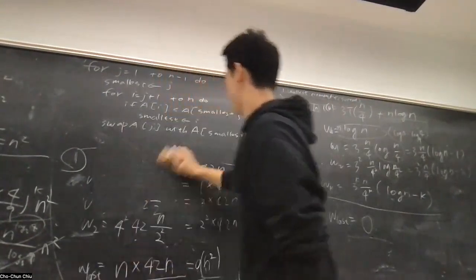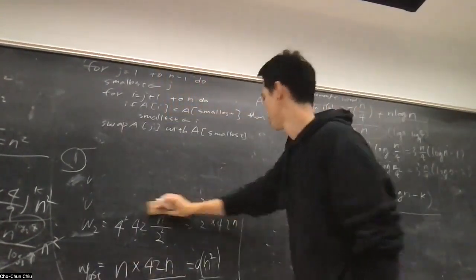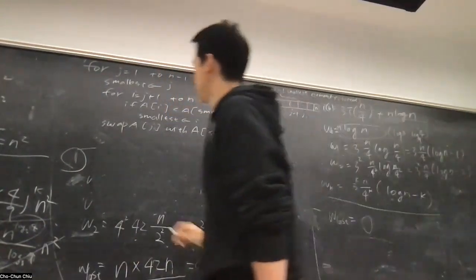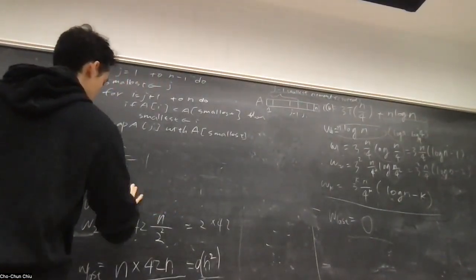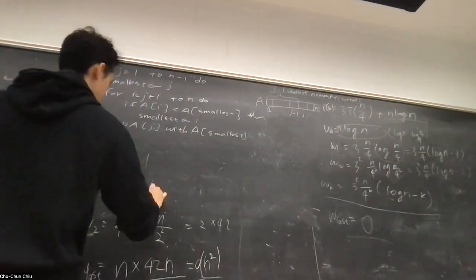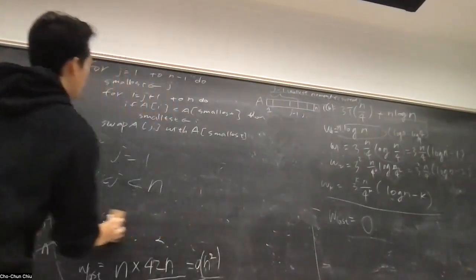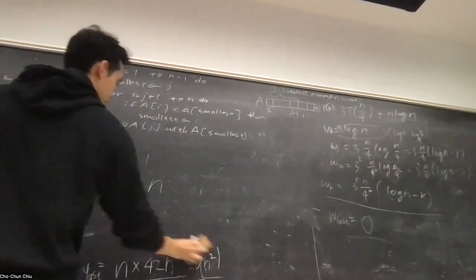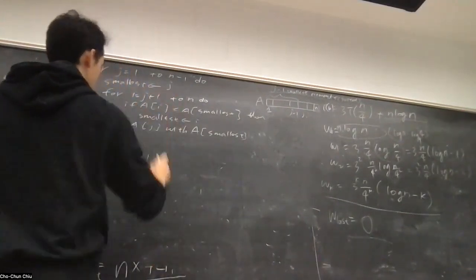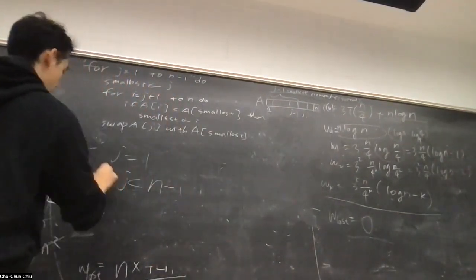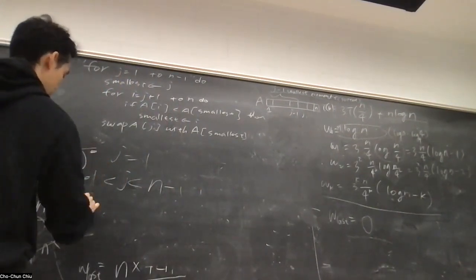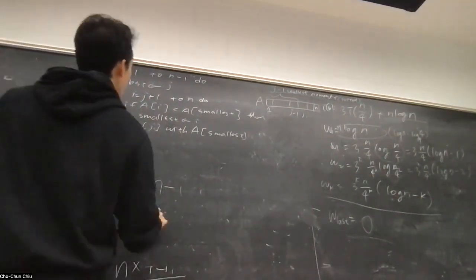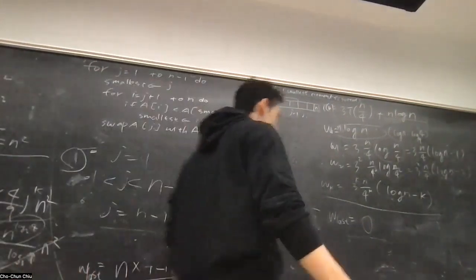Let me just erase this part. So we check the initial step, and then j larger than 1 and smaller than n. Oh, n minus one, it terminates at n minus one. Finally, we check j is equal to n minus one, if that's the result we want.